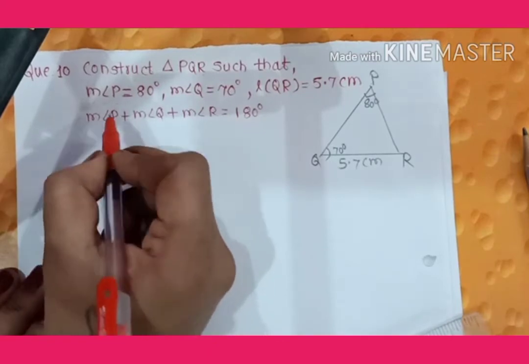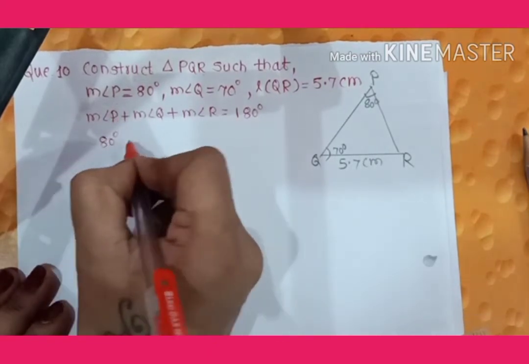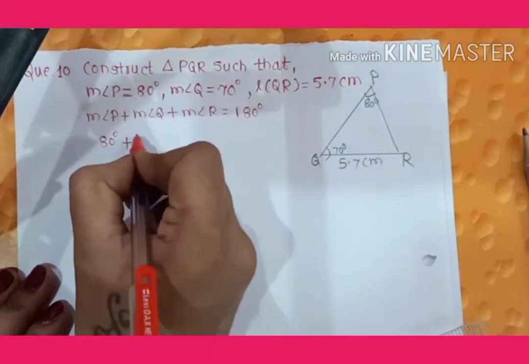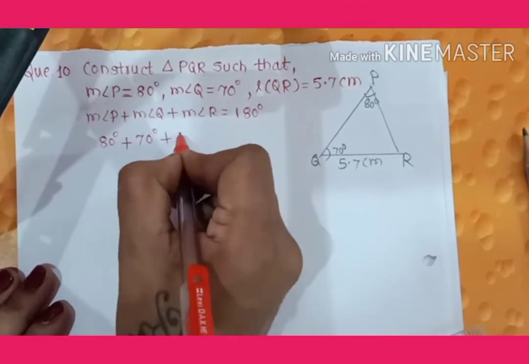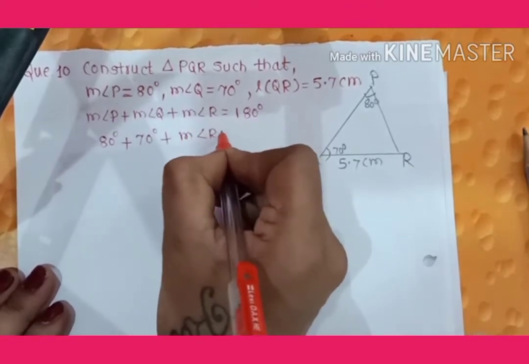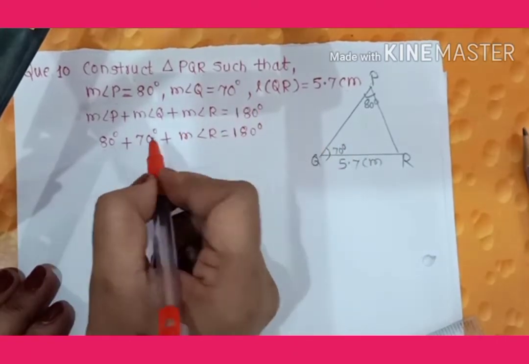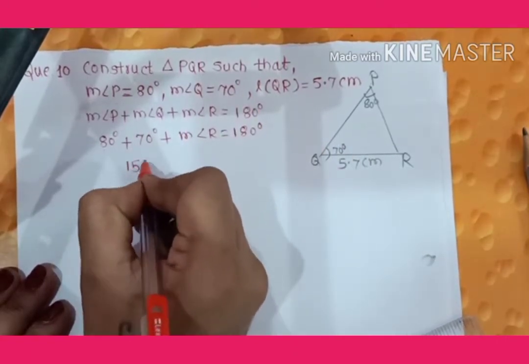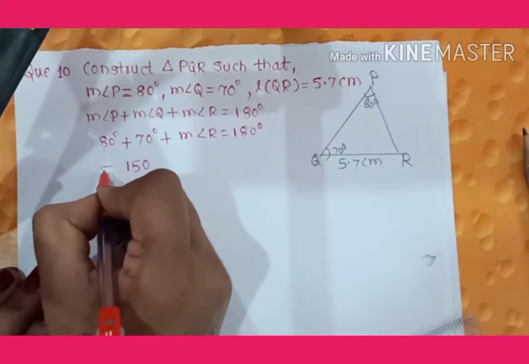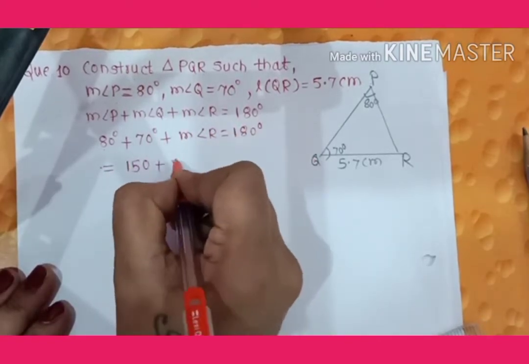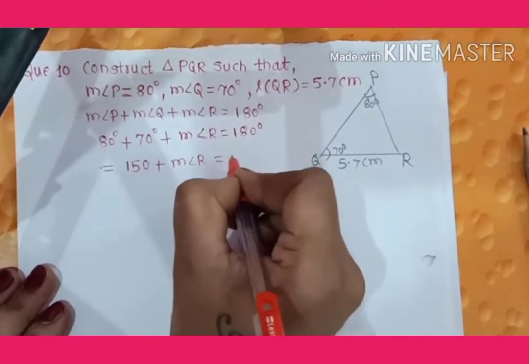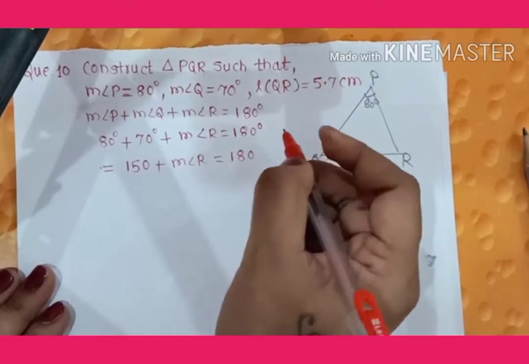Measurement angle P is equal to 80 degree plus measurement angle Q is equal to 70 degree plus measurement angle R is equal to 180 degree. 80 plus 70 is equal to 150 plus measurement angle R is equal to 180.